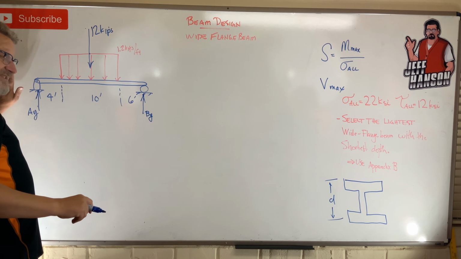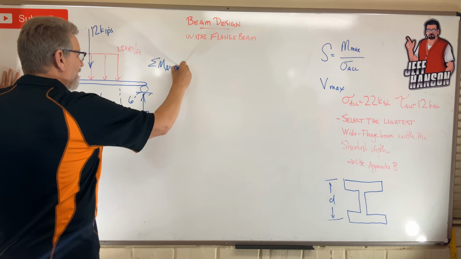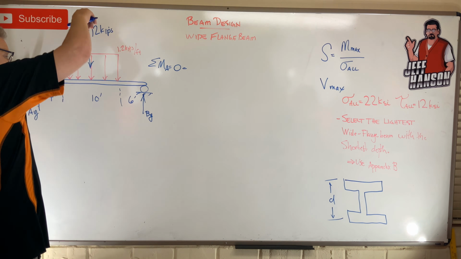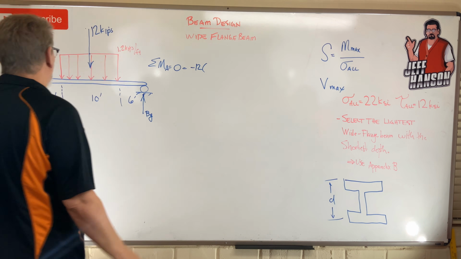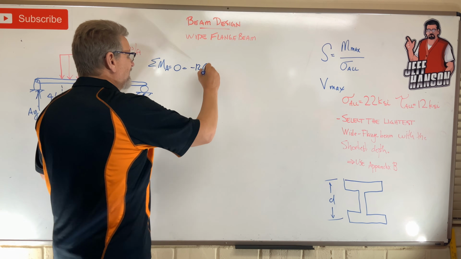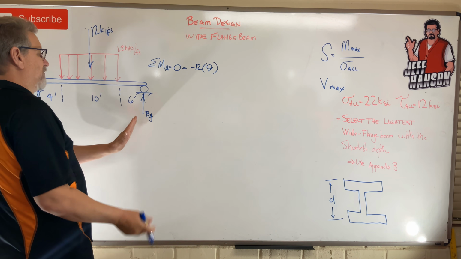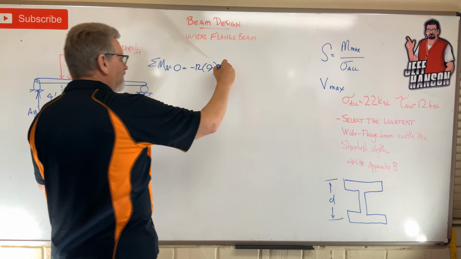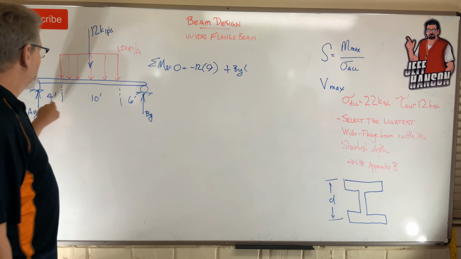Okay, so let's just find global equilibrium. Let's take the moment at A. And we get 12 rotating as negative, minus 12 times how far away? 4 plus half of 10 is 9, okay? And then we get BY, which is positive, times what? 10, 20, eh?